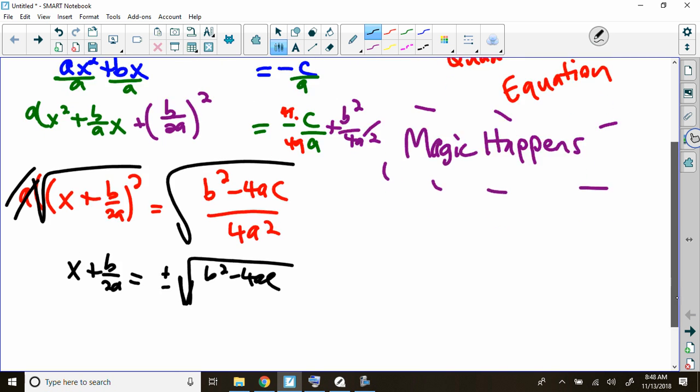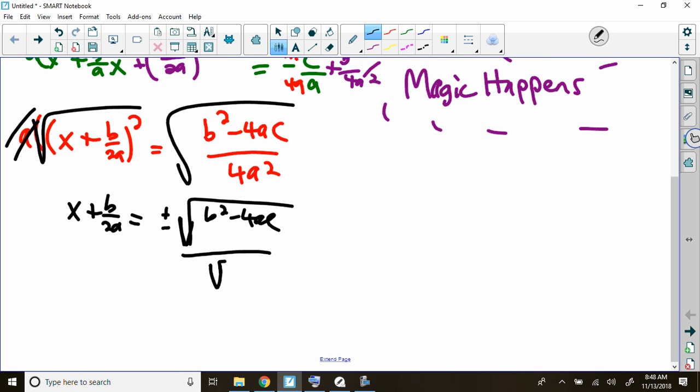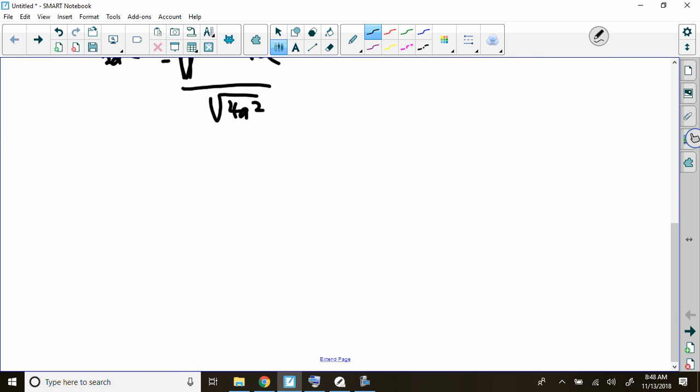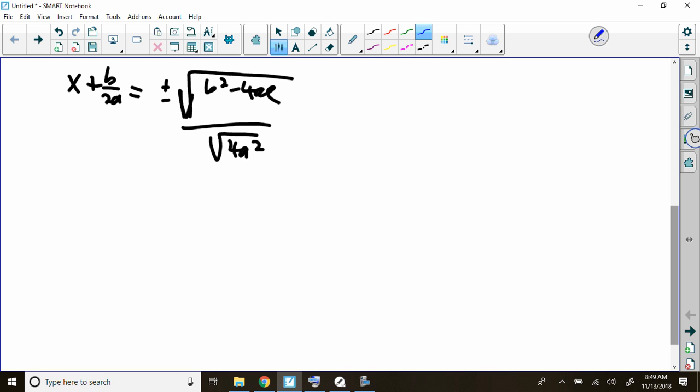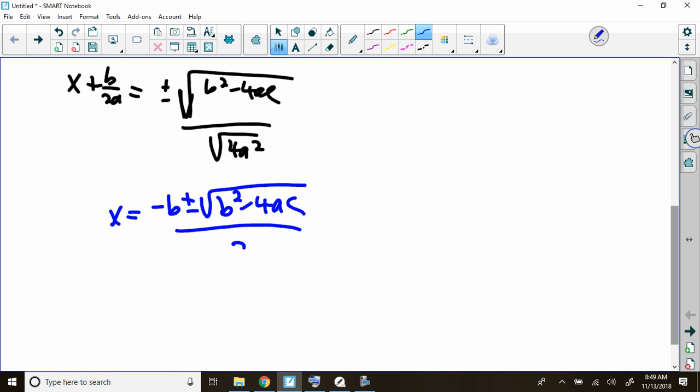Running out of room here, getting ahead of myself. This is over the square root of 4a squared. And then what we ultimately end up with, and I know I'm kind of going rip-roaring through this, x equals negative b plus or minus the square root of b squared minus 4ac all over 2a.